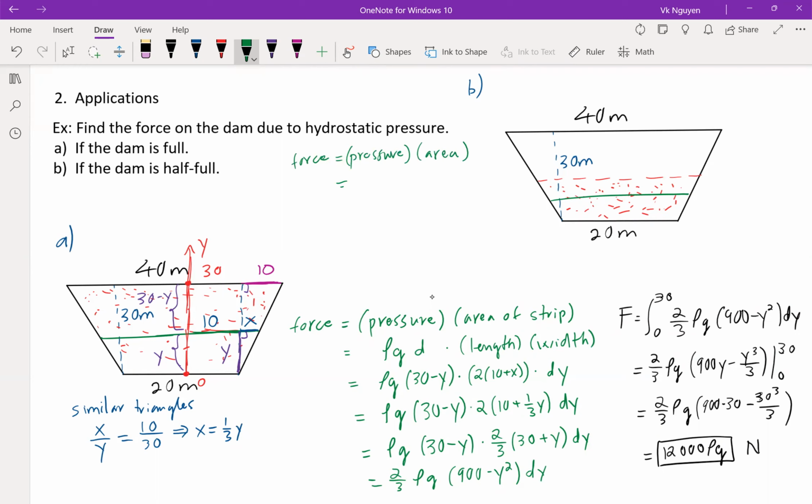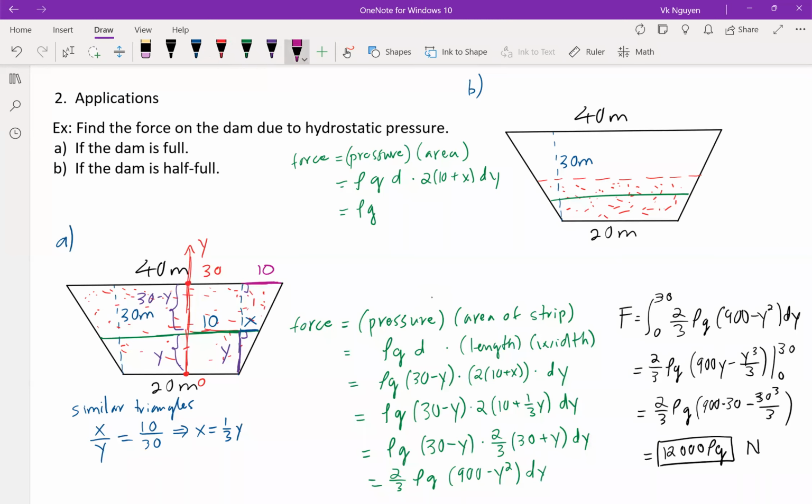The pressure here is rho g d. The area is length and width. We know the length is the same, the width is the same, so that would be 2 times (10 plus x) dy, times rho g. The depth here is different.